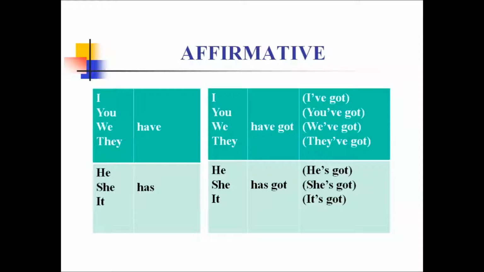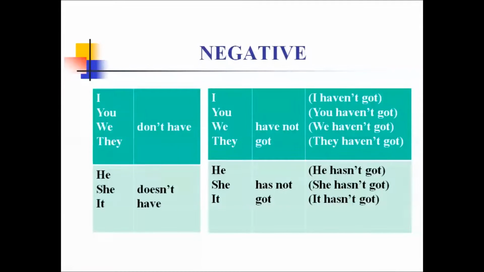Okay. If you talk about the negative form, you can have a look at the slide for today. For the negative form, you use don't or doesn't to make the negative one. The auxiliary verb don't or doesn't are used for different subjects.